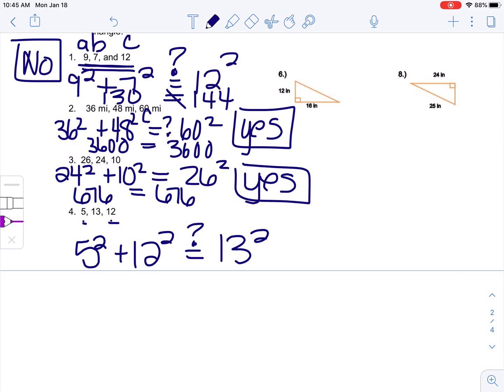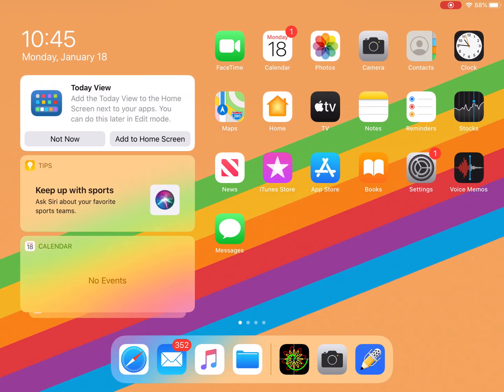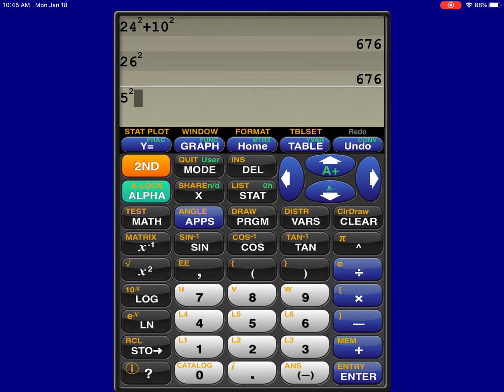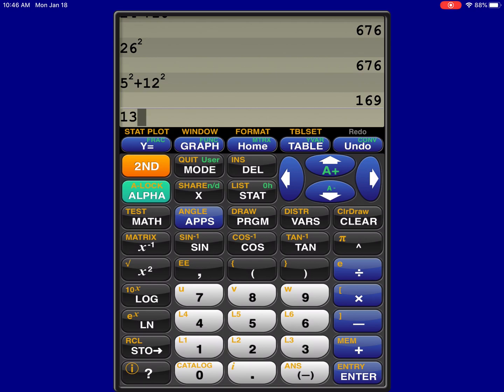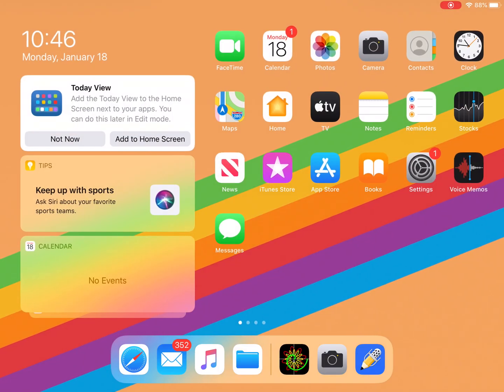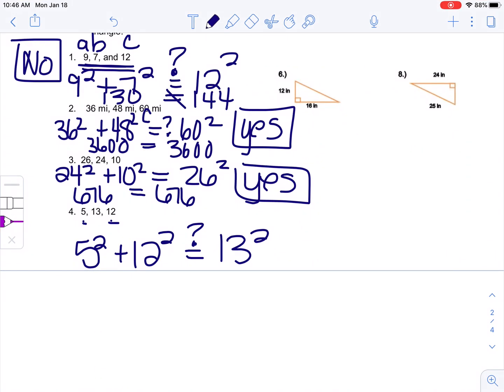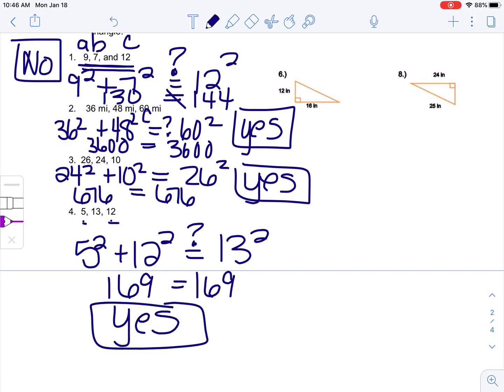Again, side C has to be the largest side. So I'm going to take my calculator. 5 squared plus 12 squared is 169. 13 squared is also 169. So 169 does equal 169, so this would be yes. Those three sides, 5, 12, and 13, do form a right triangle.